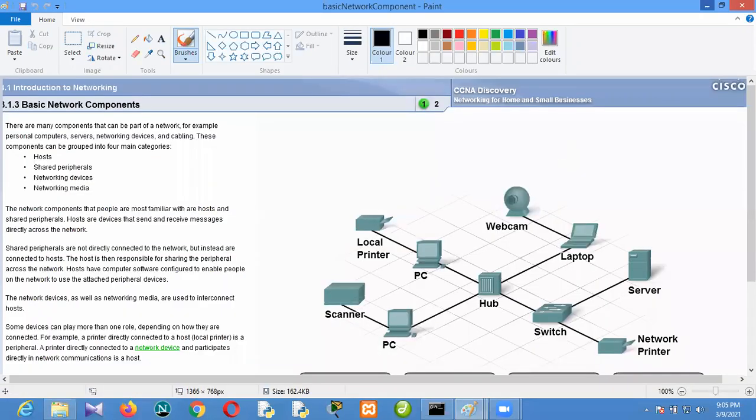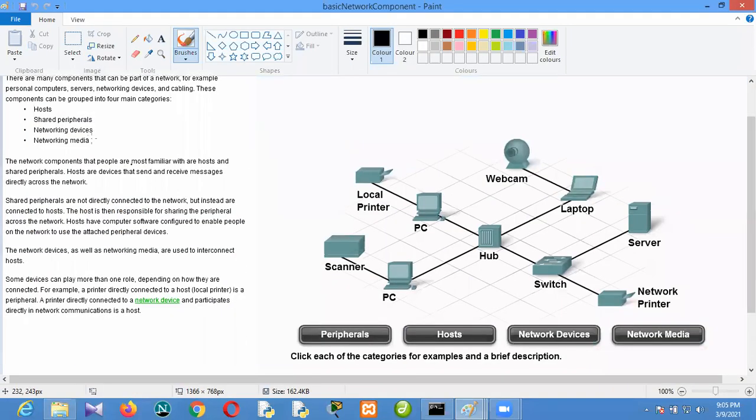Now, in media we have wireless, and we have wired. I can call it cable. Now, in cabling, we have different types of cables that we use. One, we have optic fiber.